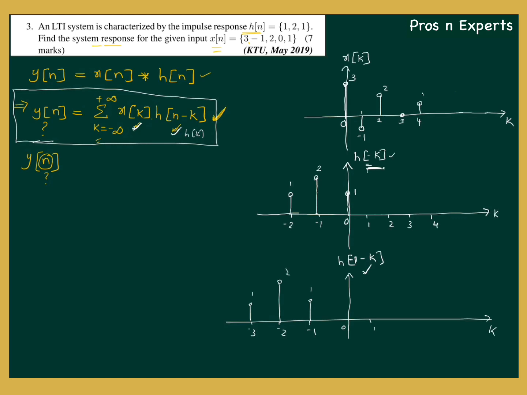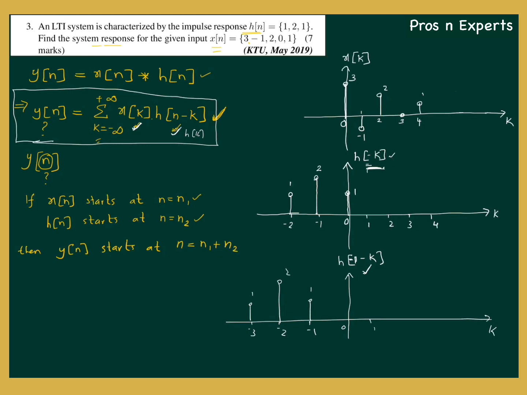The idea is, if x of n starts at n equal to n1, and if h of n starts at n equal to n2, okay, the starting time value of x of n is n equal to n1, and the starting time value of h of n is n equal to n2, then y of n starts at n equal to n1 plus n2.